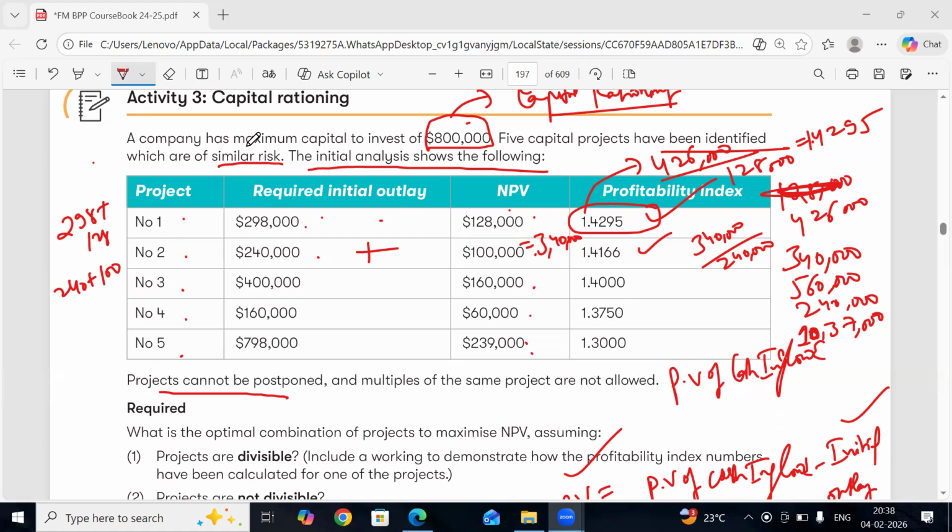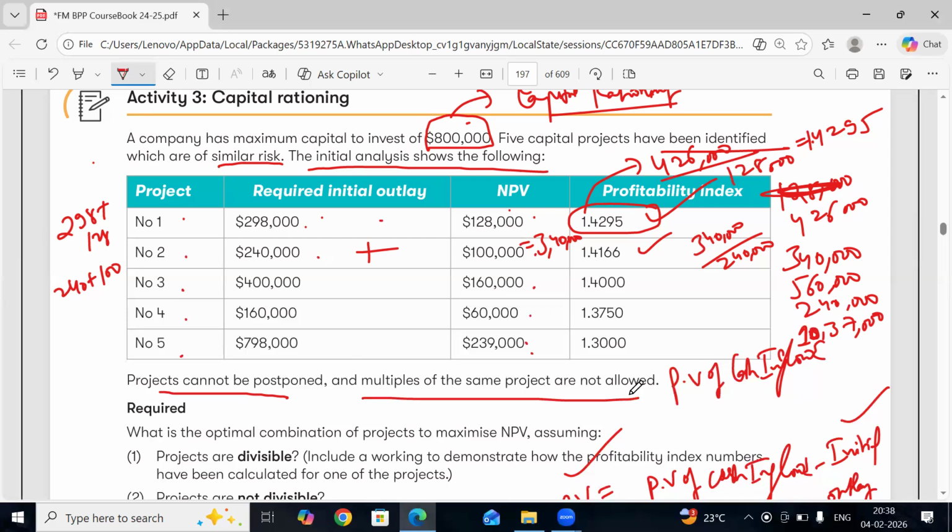So the wordings of this question are very clear. Projects cannot be postponed, and multiples of the same project are not allowed. What do you mean by that? This wording in itself is a very strong proof that this is a question of indivisible projects. You cannot take some part of this project now and club it with the next project.